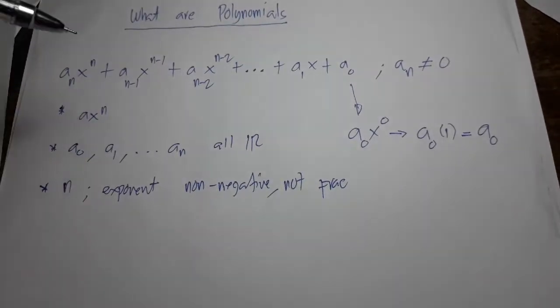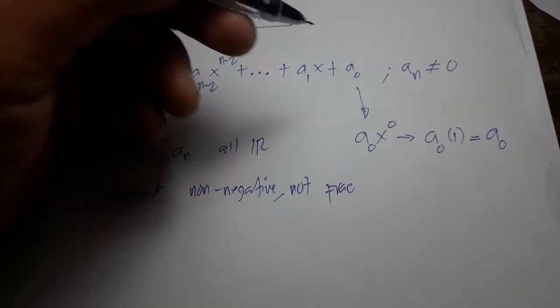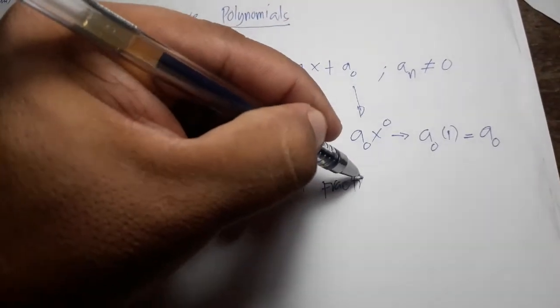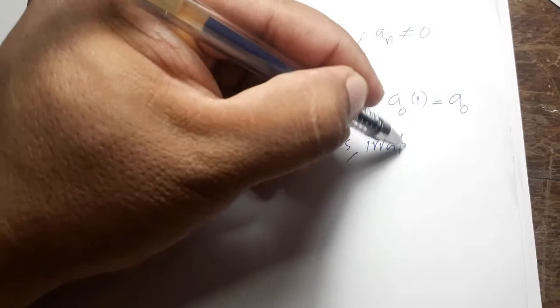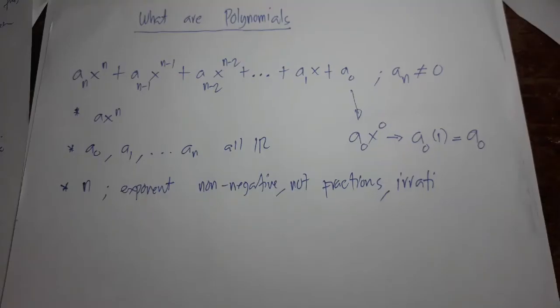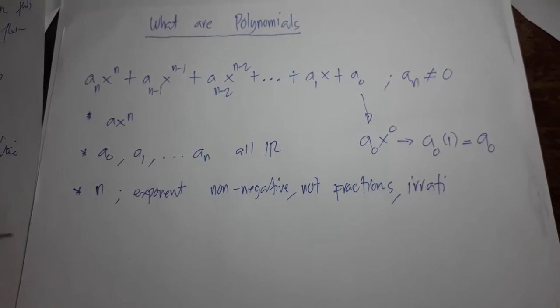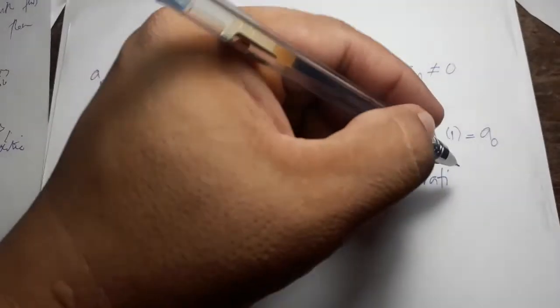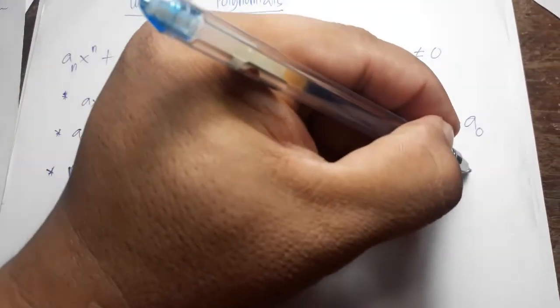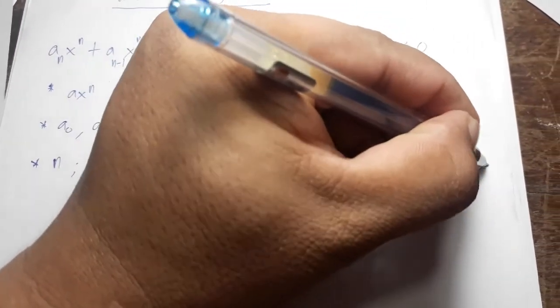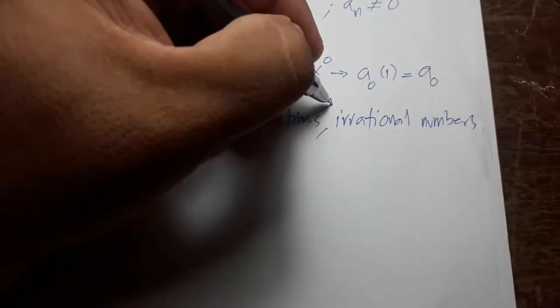So all your exponents here should not be fractions, and not irrational numbers.